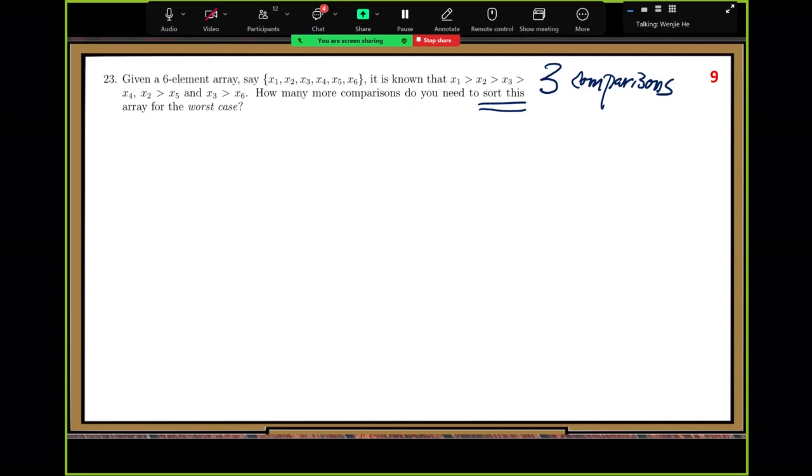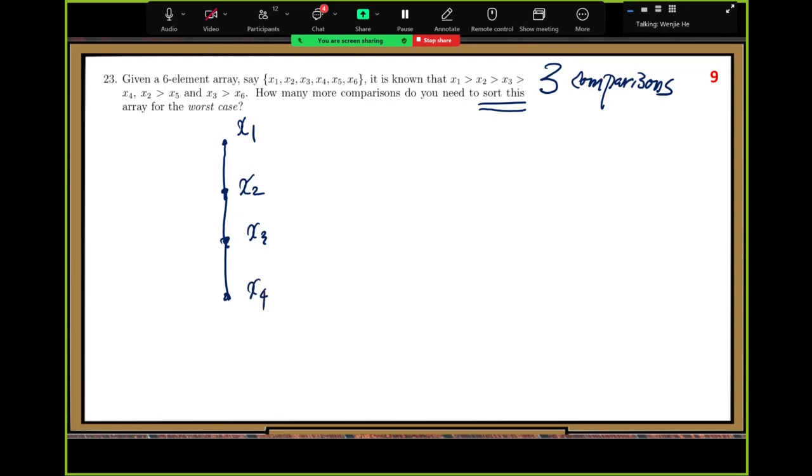So here, if we just draw a diagram: x1 higher than x2, higher than x3, higher than x4.